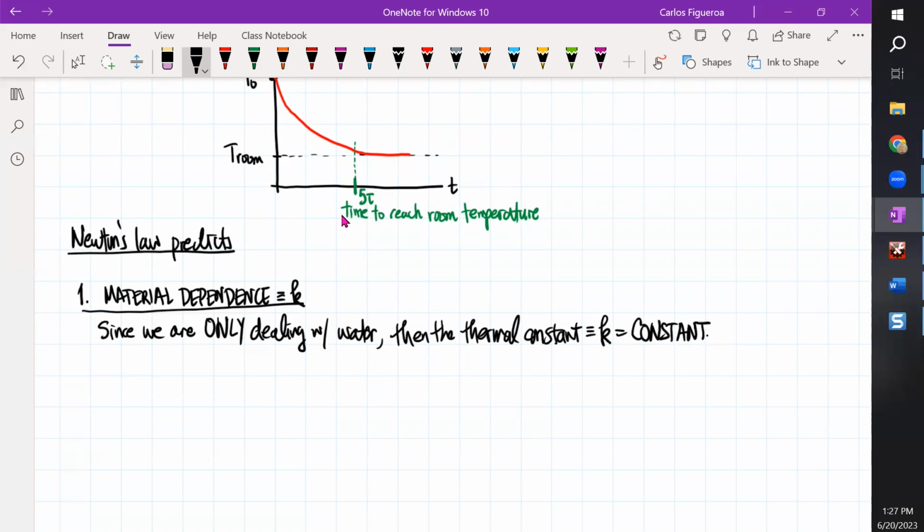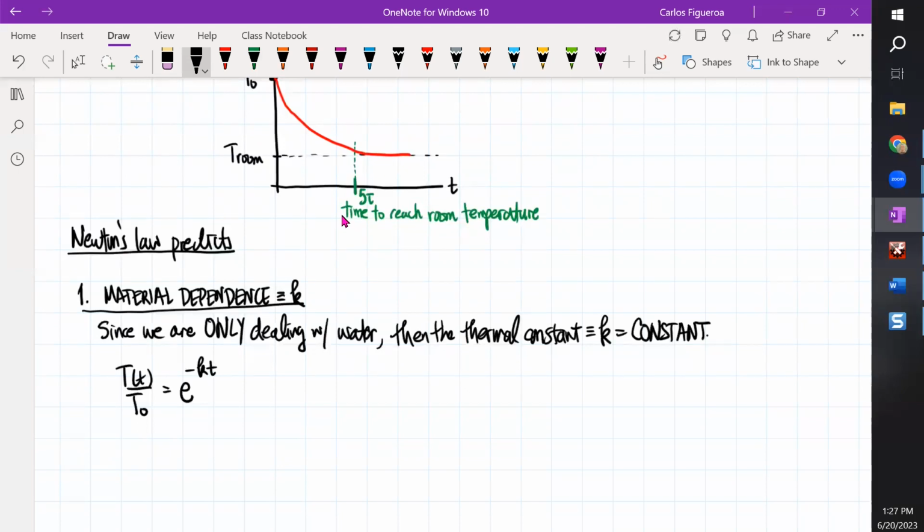The way we see this is that if you look at the equation, the ratio of temperature to the initial temperature is going to be equal to e to the minus kt.